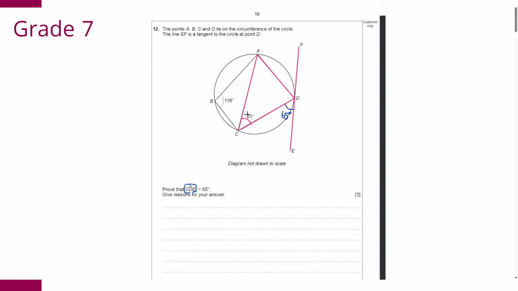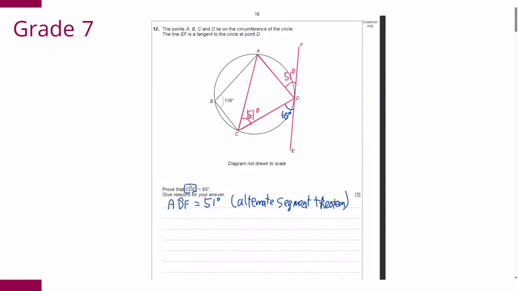Alternate segment theorem says that this 51 here, I'll just write it a bit bigger, is equal to this angle here. You've just got to kind of learn it, right? So we know straight away that angle ADF equals 51 degrees, brackets, alternate segment theorem.